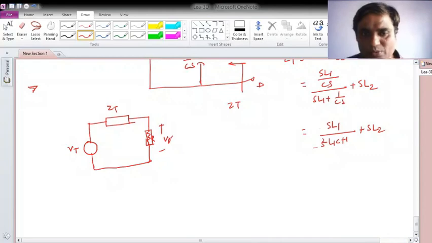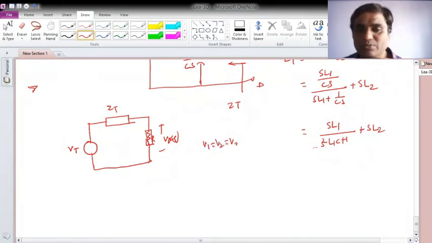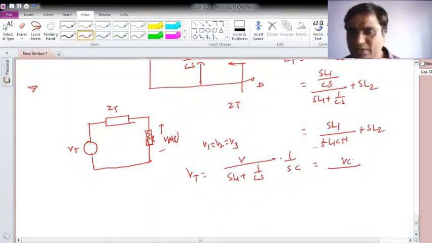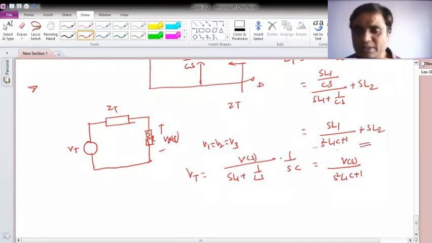If you want, you can assume the initial conditions are 0, which means V1, V2, V3 are 0. Then what will be VT? VT will be V divided by SL1 plus 1 over CS, into 1 over SC, which will be V of S upon S square L1C plus 1. Similarly ZT you obtained, that is this.